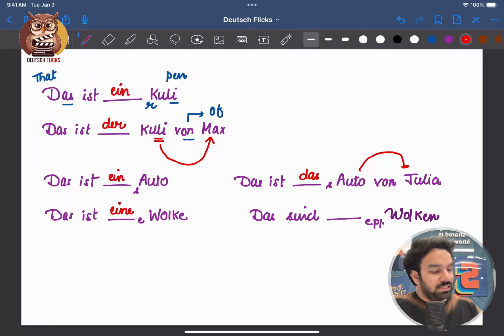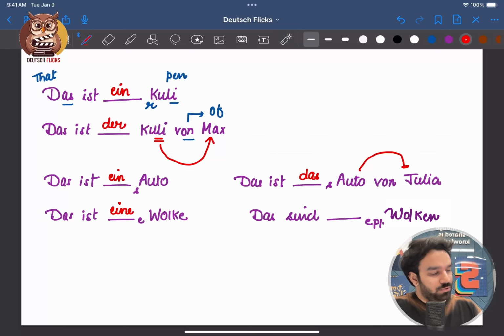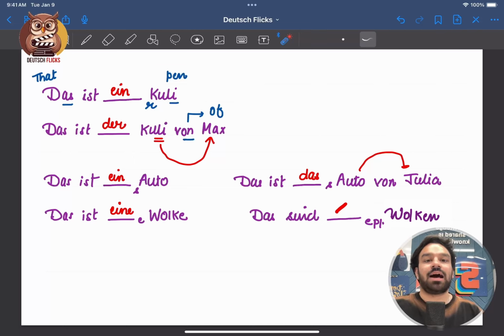We will still go with the indefinite article because there's nothing specific, particular, defined about clouds. Could be any clouds, right? So we will not fill in anything. We'll simply say, Das sind Wolken. These are clouds. So for indefinite plural, we do not have any word.